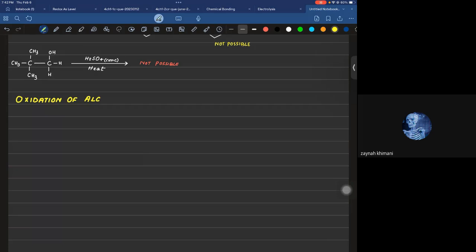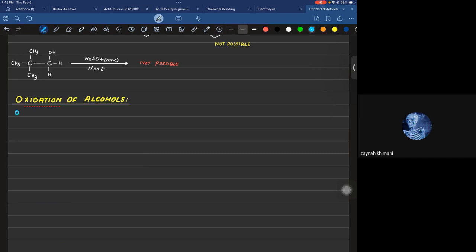So we have three types of alcohols, I told you in the first class of alcohol: primary, secondary, and tertiary. Okay. So obviously we need an oxidizing agent.